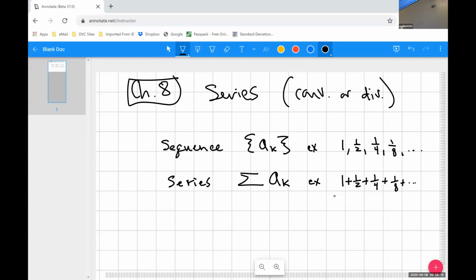And you may recall by looking at these that these are a geometric sequence and therefore a geometric series. And the reason is that in each case, we're multiplying the previous number by 1/2 to get the next number. And so this gives us an ability to express these with a formula.